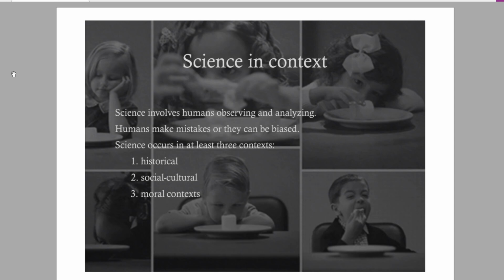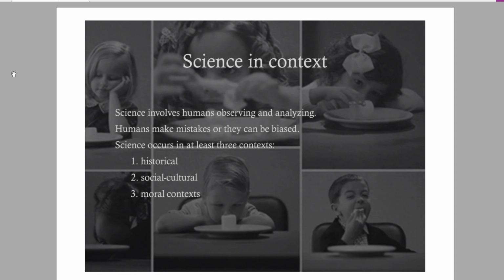So what's a moral context? So moral contexts are ethics. We have to think about the ethical implications of our research. Part of that, in the example of the marshmallow test, is that you've maybe wasted a lot of research, a lot of participants' time, in doing a study that really didn't get us to an answer.